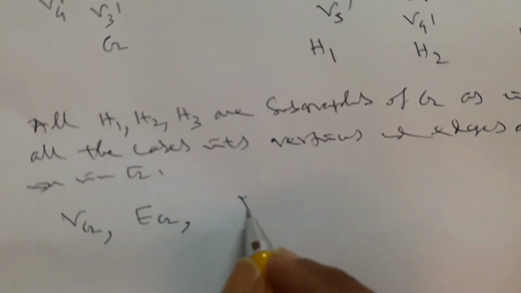And now we shall denote the vertex set of the graph as VG and the edge set of the graph as EG, and the vertex set of the subgraph as VH and the edge set of the subgraph as EH. Then we can say VH is an improper subset of VG and EH is an improper subset of EG.